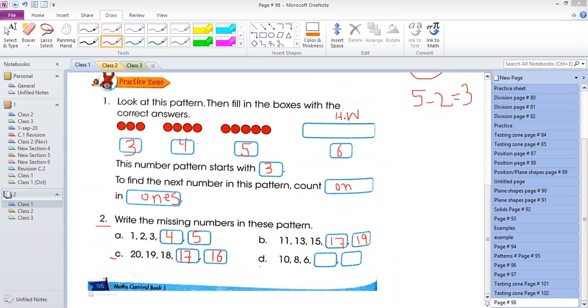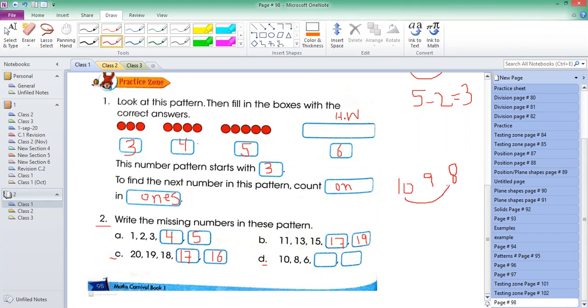Now coming to pattern D, guys. This is 10 and this is 8. 8 is less than 10. So we are not adding. We are not counting on. We are counting back. We are subtracting. When you count back from 10, it is 10, 9, 8.